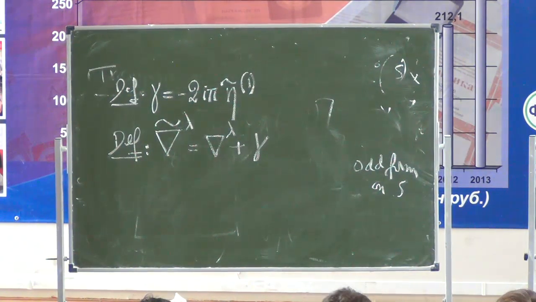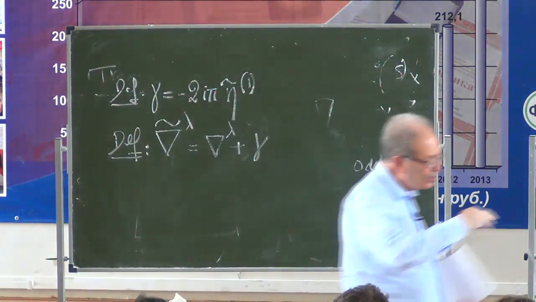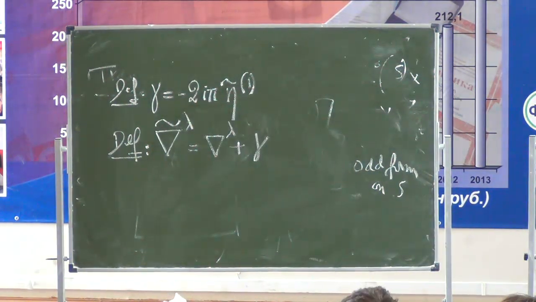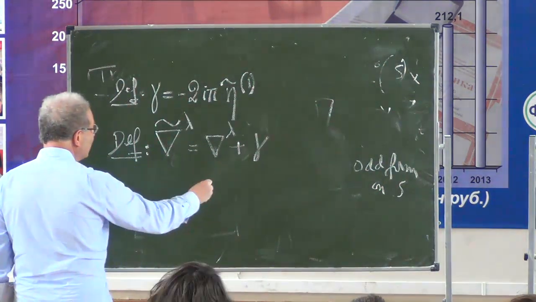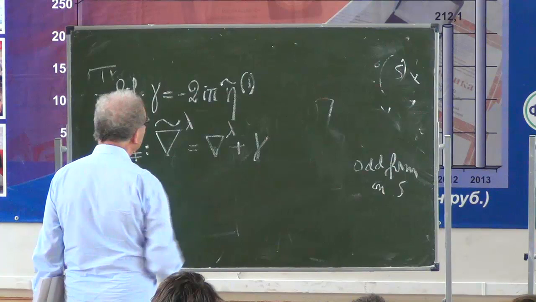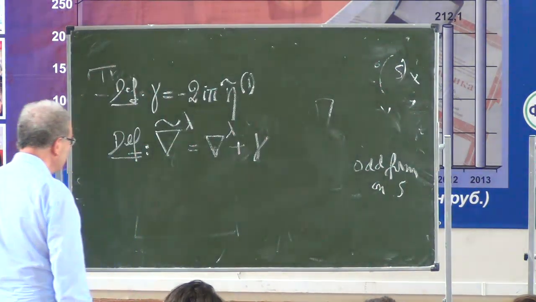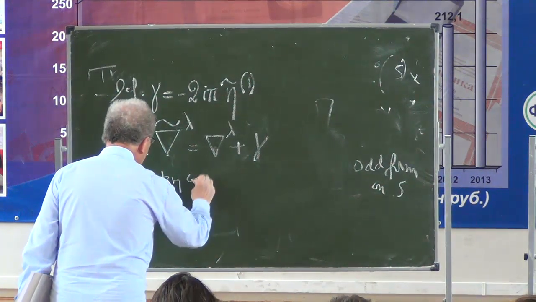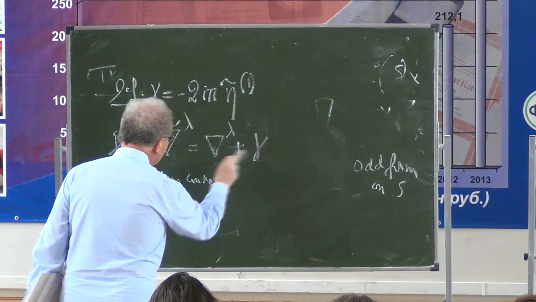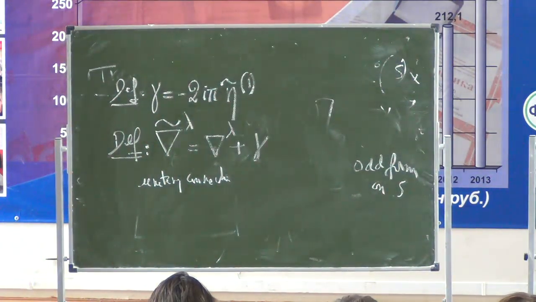In other words, I had this original connection: you look at the kernel of D, it inherits the L2 metric and the projected connection, and so its determinant inherits a corresponding metric and connection. And what I'm doing is, I just correct this given connection by the form gamma. So this is still a unitary connection, because I just corrected the connection by an imaginary one form.